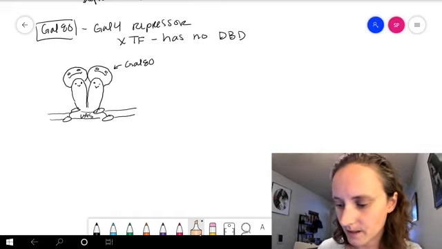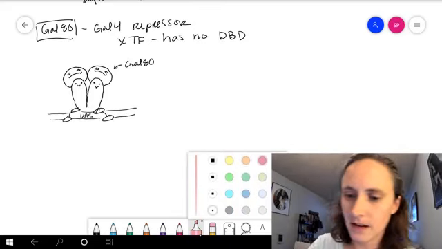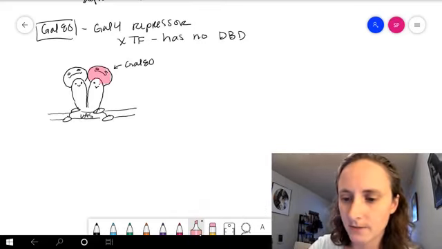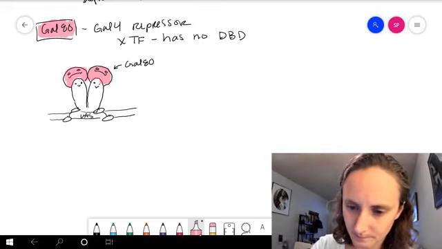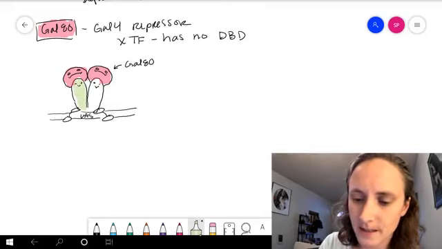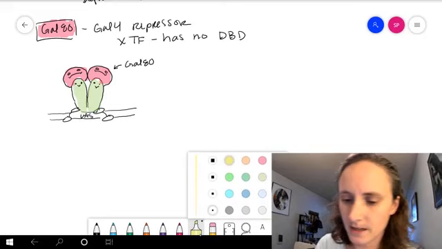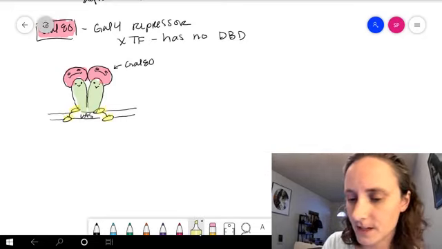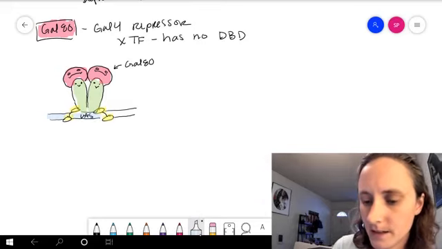So I'm going to color everybody in. We'll do Gal80 in a nice repressive red color. Gal4 should be green because it is an activator. And its DNA binding domains are yellow because that's the color of zinc fingers in my mind. And here's the UAS DNA.